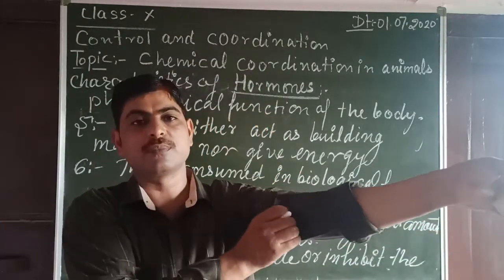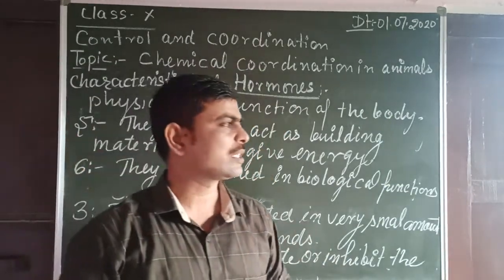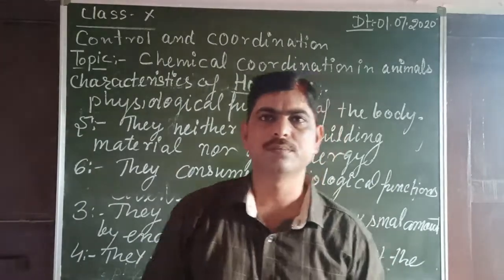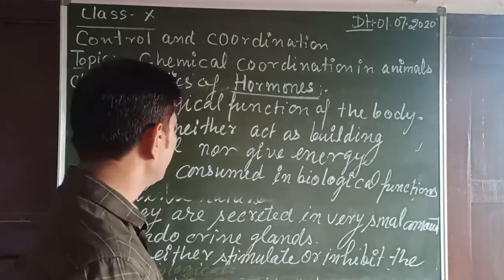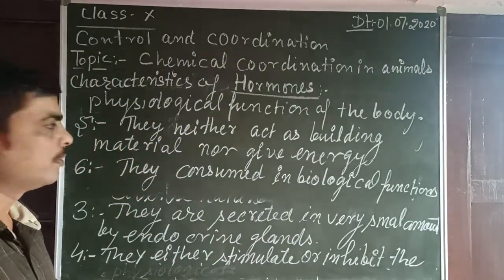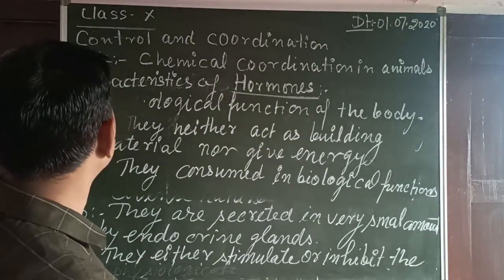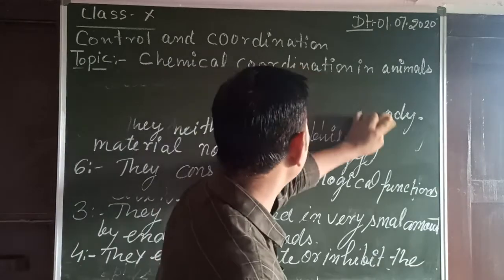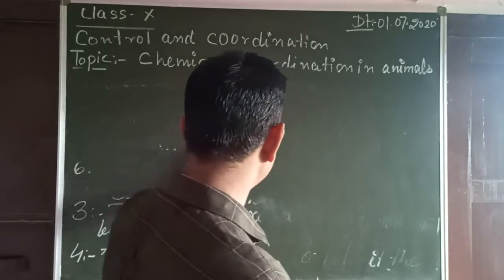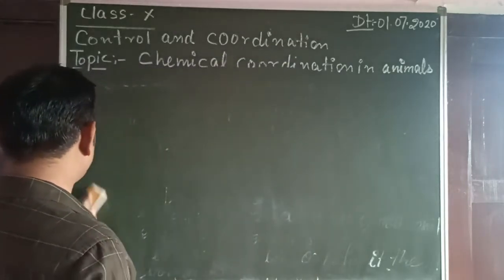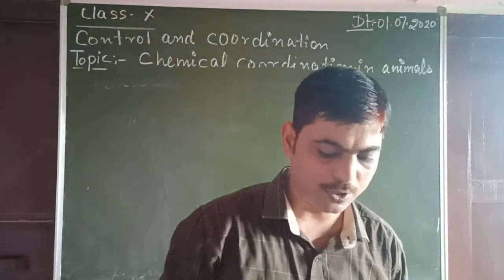These are some characteristics of the hormones. Okay. The rest of the things, like they are slow in action, many more things. I think you people are able to understand these points. Later on, we have to study what kind of internal stimulus stimulates the secretion of hormones by endocrine glands. Okay.